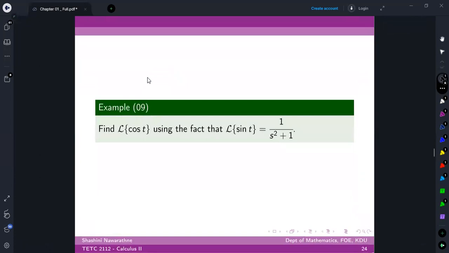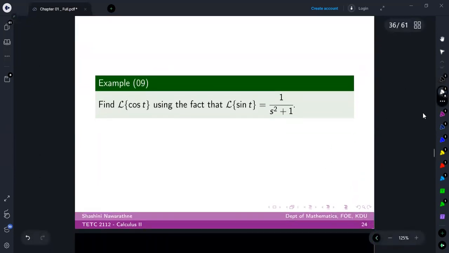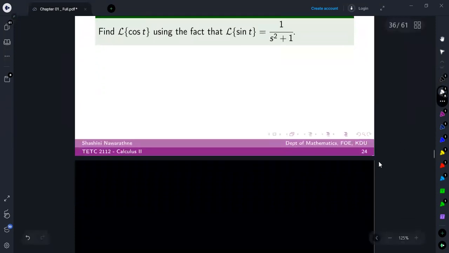So let's consider this example. In this example 9, you are asked to find the Laplace transform of cosine t using the fact that the Laplace transform of sine t is equal to 1 over s squared plus 1.